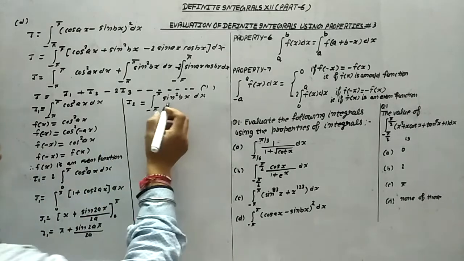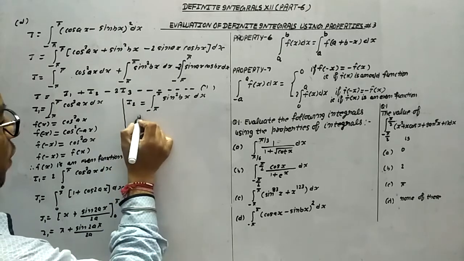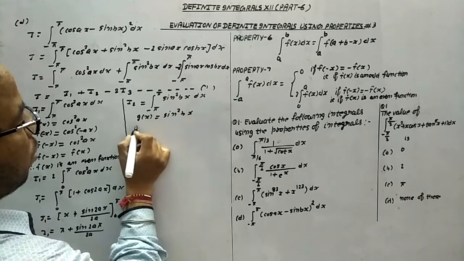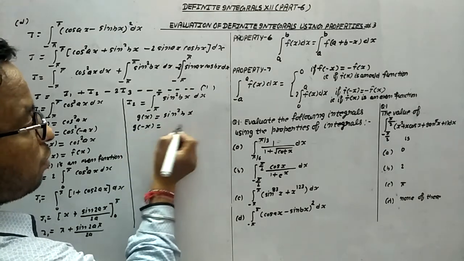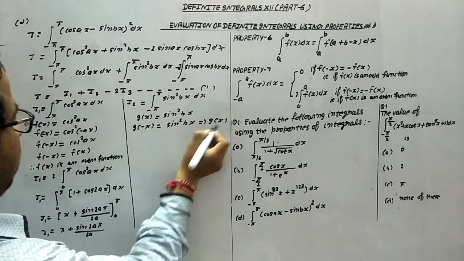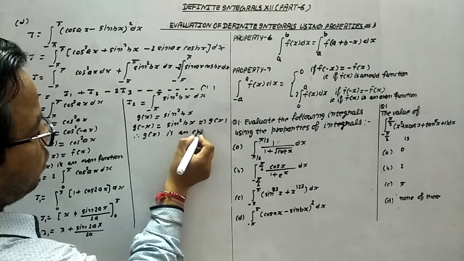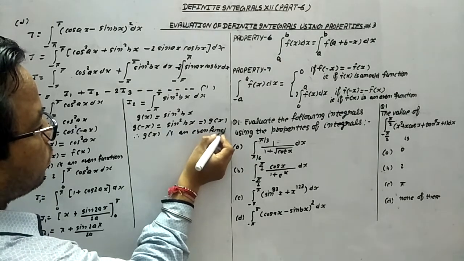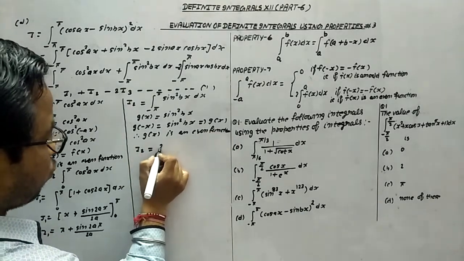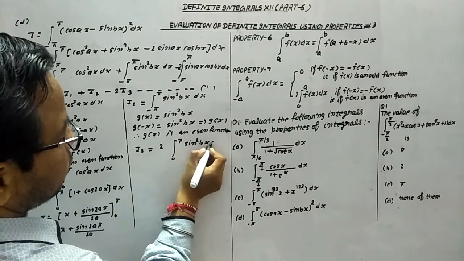Now we will come to I2. I2 is this part. Because we already considered f(x), we will consider g(x) = sin² bx. Now when we find g(-x), it will also come sin² bx, which is g(x). Therefore g(x) is an even function, so I2 is 2 times the integral from 0 to pi of sin² bx dx.